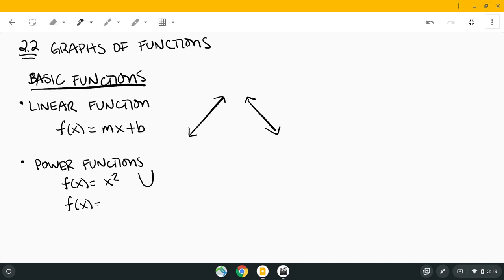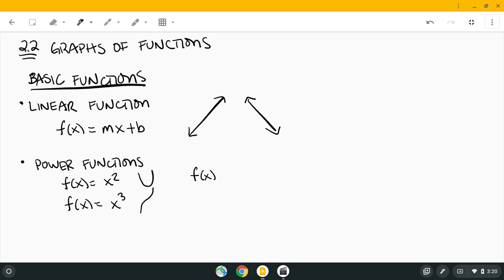F of x equals x cubed. That's this sort of snake. And f of x equals x to the fourth. You know what? Let me do this. I'll do it this way instead.